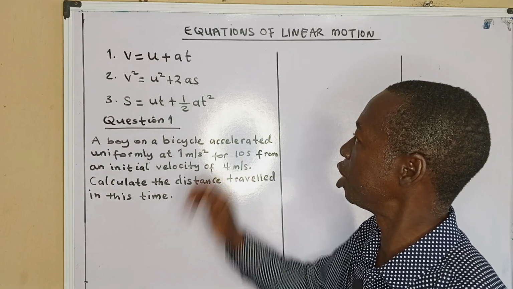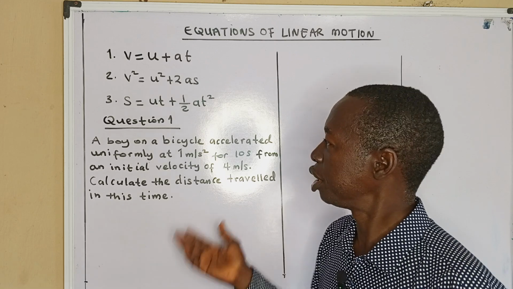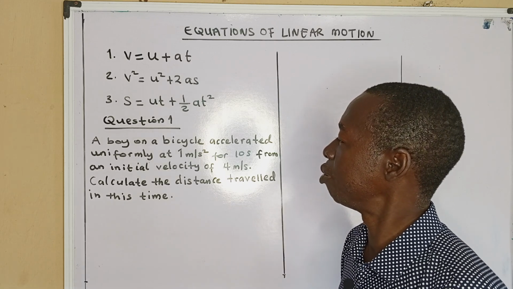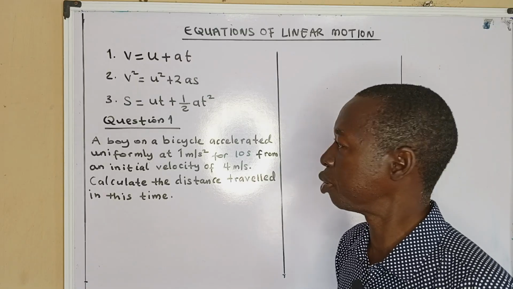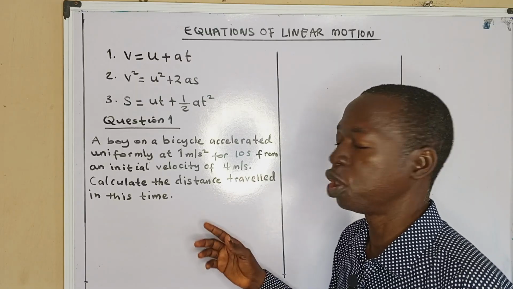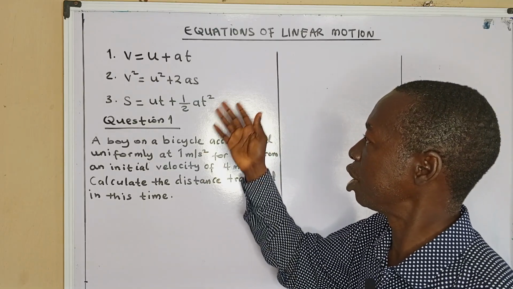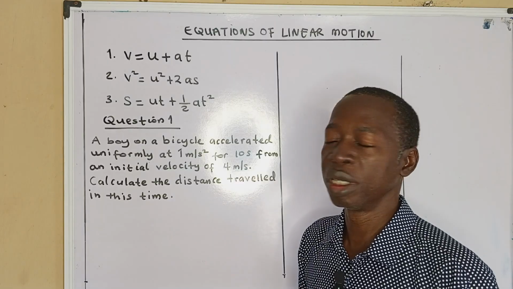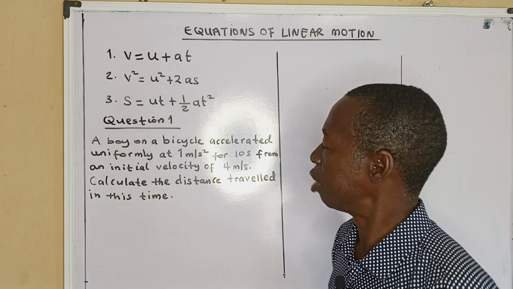Each of these equations of linear motion can be used to solve different problems of linear motion depending on the way the problem is presented to you. So in this question, I'm going to be walking you through how we can use any of these three equations of linear motion to solve the problem we have on the board. All right.